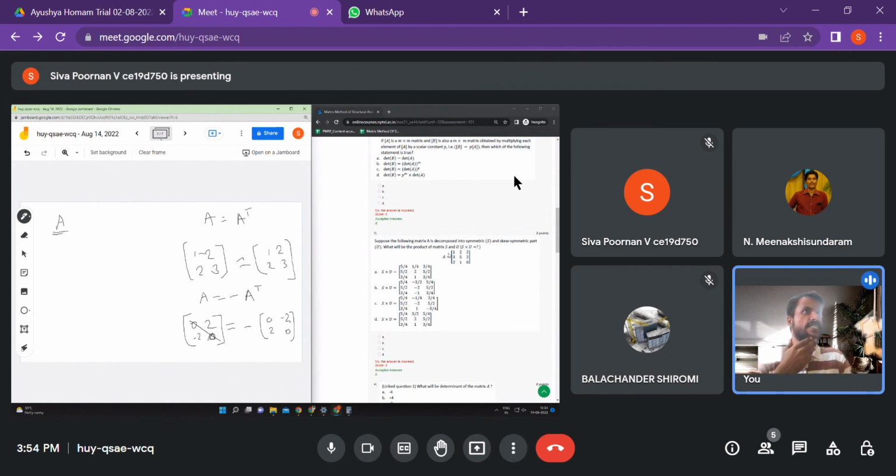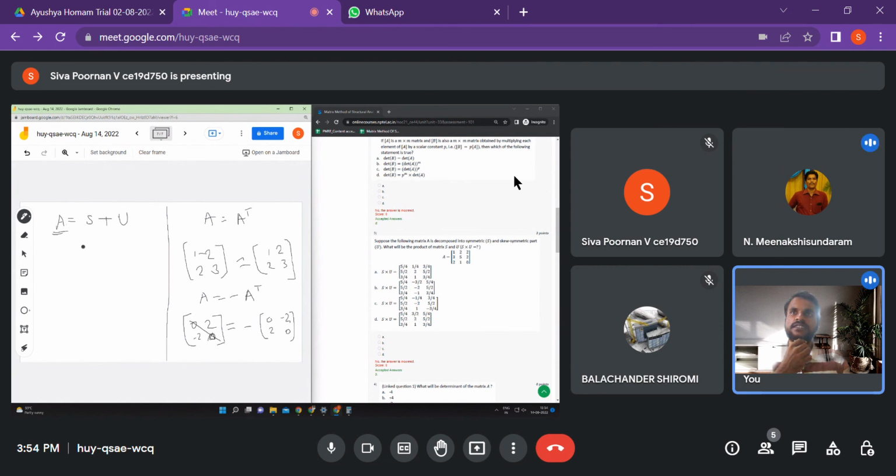That being the case, a matrix is decomposed into symmetric and skew symmetric parts. What it means is that although not all matrices are either symmetric or skew symmetric, it can be shown that every matrix can be written as a sum of a symmetric and a skew symmetric matrix. And how do we do that?